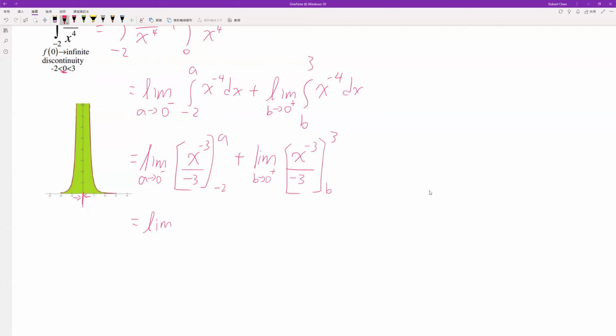All right. So just working it out. That's -1 over 3a cubed minus negative, that's a negative a, positive 24, so 1 over 24, plus limit b going to 0 from the right, and 3, that's 27, 81, -1 over 81 minus, and with the minus here, so that's a plus, 1 over 3b cubed.